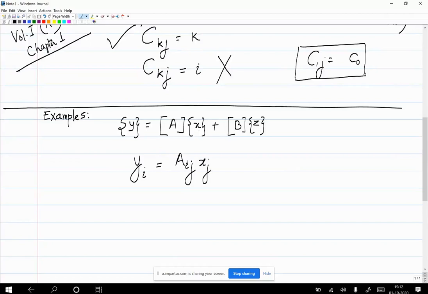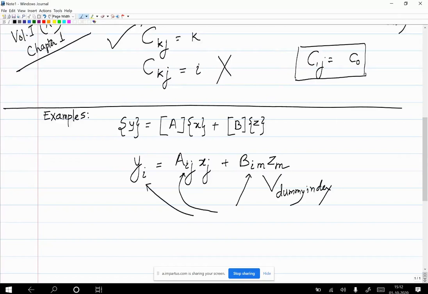Okay. Likewise, you come to the second one, it becomes b_im z_m. So you see that these two, m is a dummy index. So m could be anything. But this i, or this i, or this i, they are free indices.